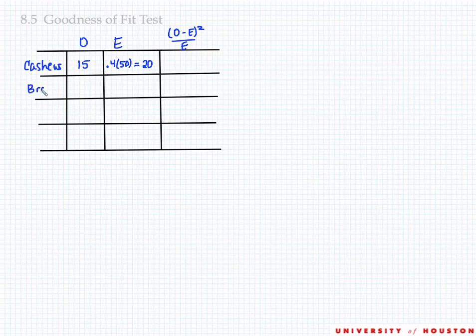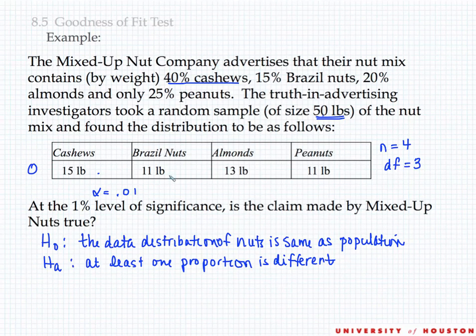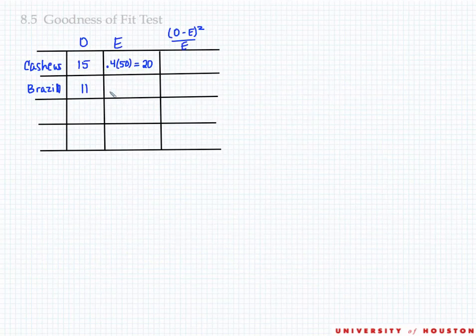For the Brazil nuts, we observed 11 pounds. We expect 15% of the 50 pounds, which gives us an expected count of 7.5.